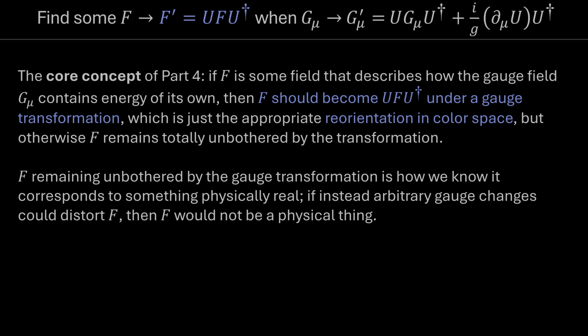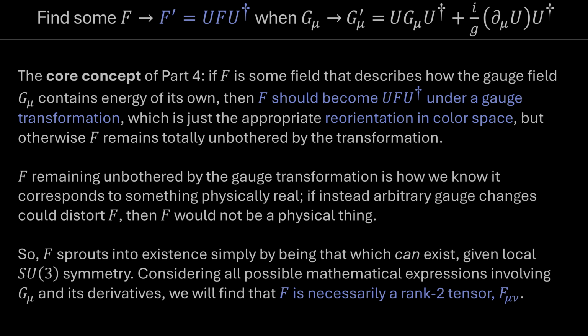Now, if you think about F as some field that is based on G mu, that pertains to G mu or its derivatives or something, then the fact that as we hop from one gauge to another, it's simply going to undergo this adjoint transformation tells us that this field F has some kind of real identity to it, regardless of our gauge choice. Okay, so to give our gauge field G mu a life of its own, we have to find some kind of field F that transforms in the UU dagger sandwich as we hop from one gauge to another, but otherwise doesn't transform.